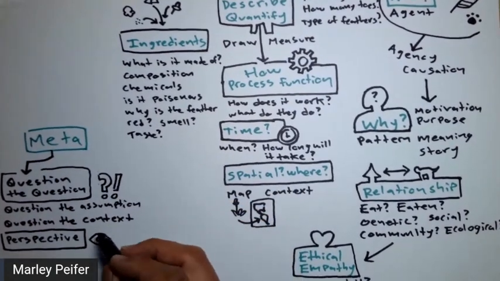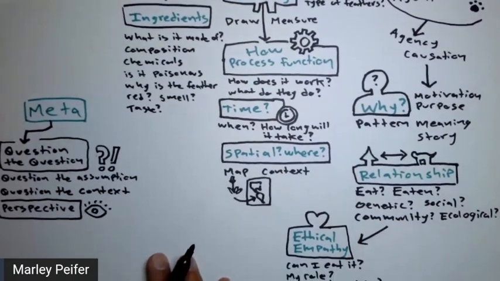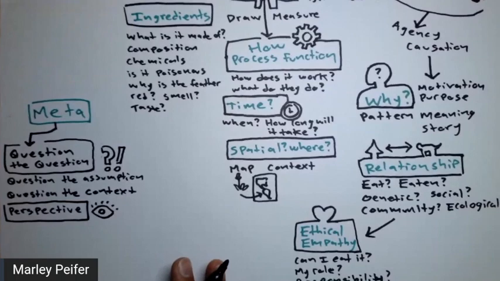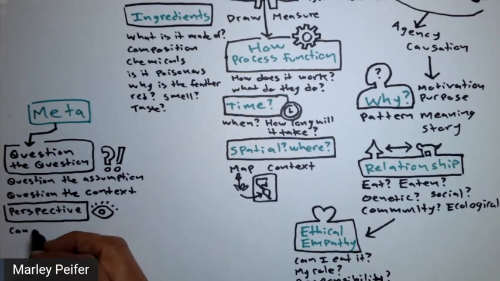So perspective is really important and can really influence your answers. So it's important to be aware of this, such as asking questions such as, can I look at this differently?